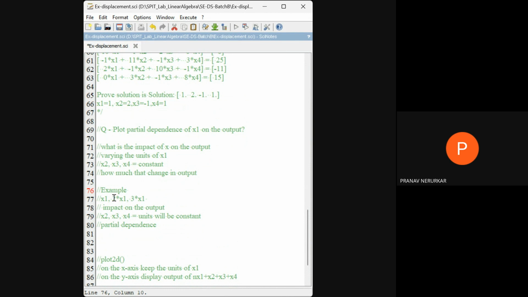Then you have to use the plot 2D function. On the x-axis, you will have 1 to 20. On the y-axis, find out what is the output of nx1 plus x2 plus x3 plus x4, for n is equal to 1 to 20.